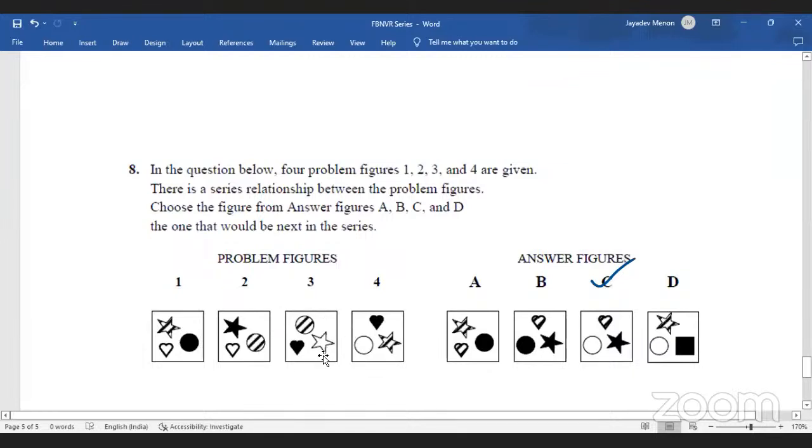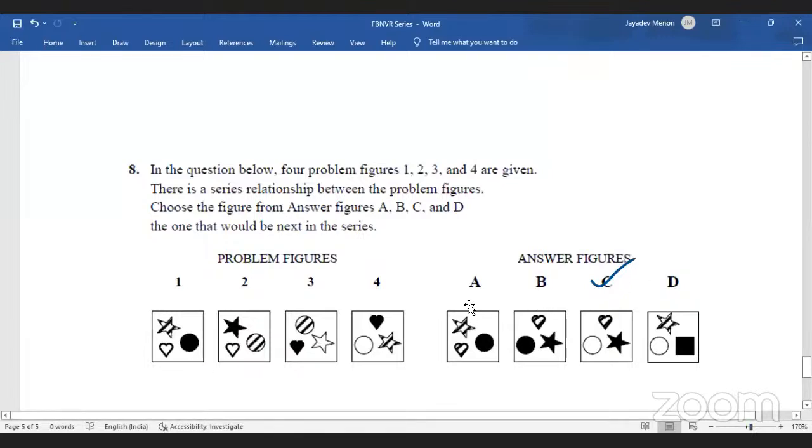In figure 3, the star is blank, the circle is shaded with bars, and the heart is dark. And in figure 4, the circle is blank, the star is shaded with bars, and the heart is dark. So all problem figures have three different shapes with three different shades.